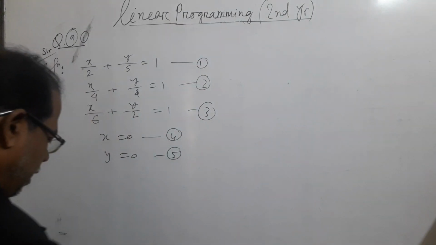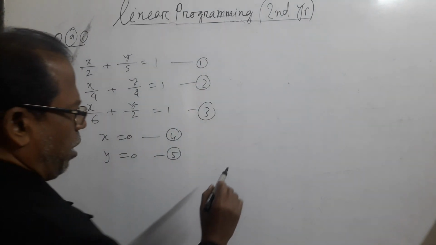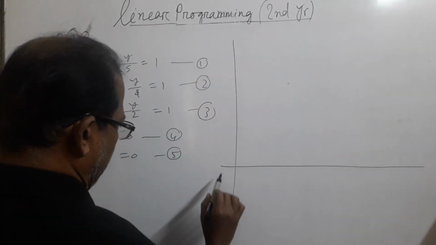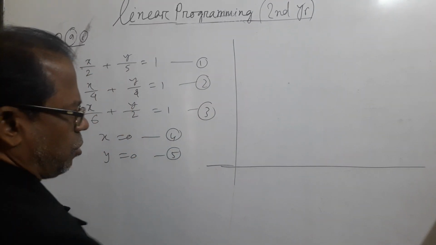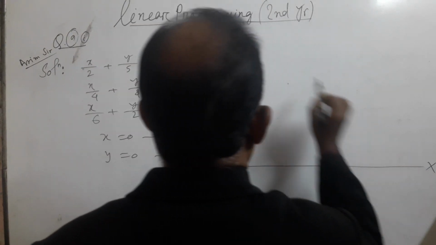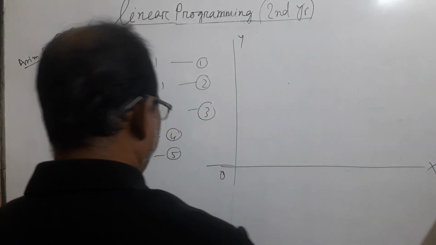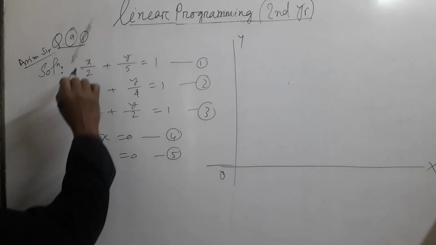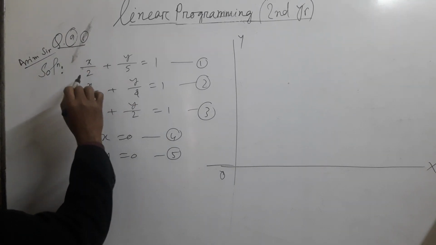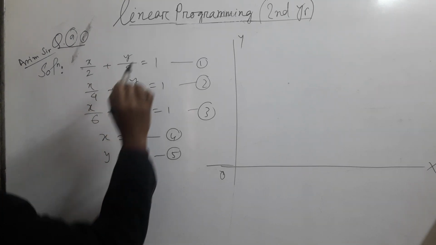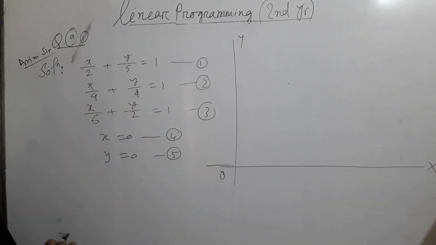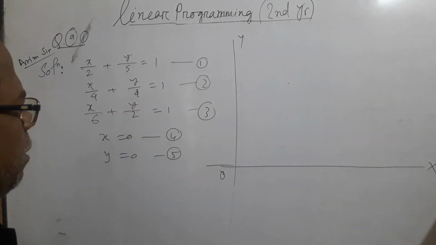Now find these points and put the values on the graph for all the lines. The x-axis and y-axis are number 0. Using x by a plus y by b equal to 1, you have to be clear on this from the previous lecture.